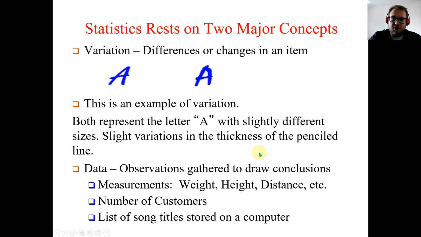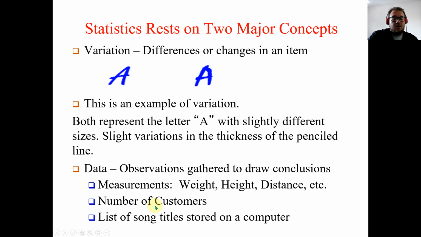The second major concept of stats is data. Observations are gathered to draw conclusions. A few examples of data are measurements, like weight, height, distance to BG from where you're living, and so on.